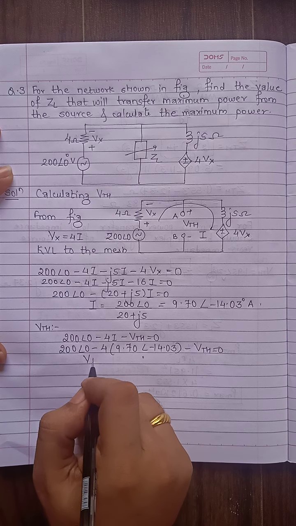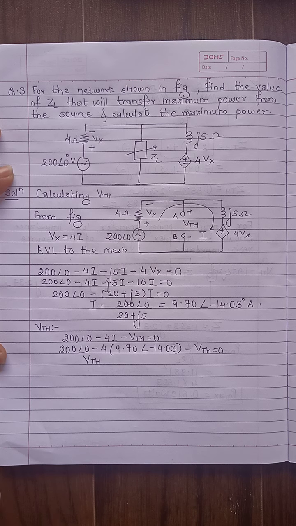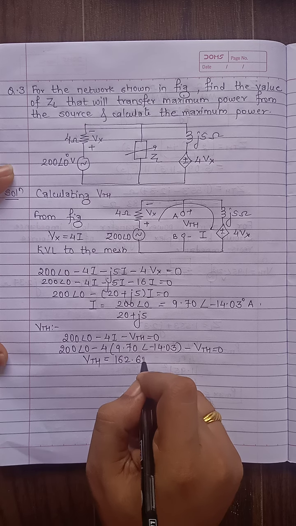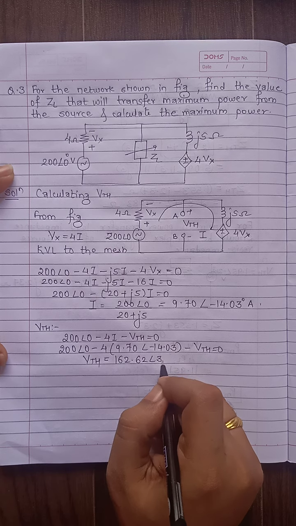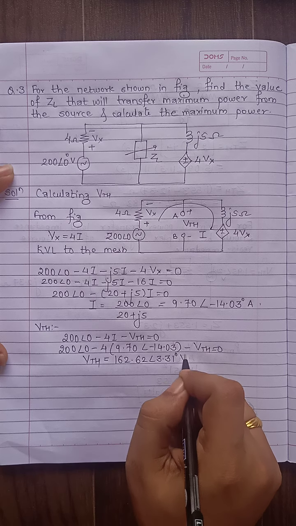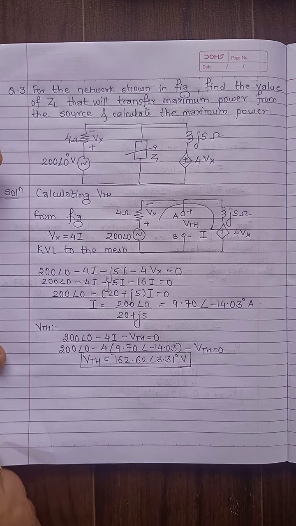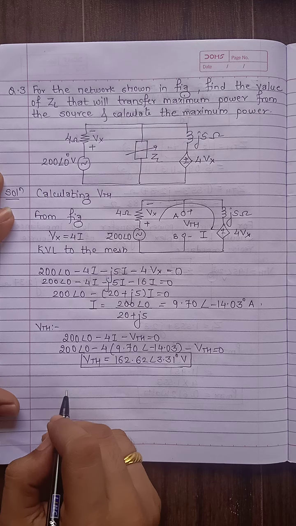So after simplification I'll get Vth as 162.62 angle 3.31 degrees volt. So I've got the value of Vth. Now we find the value of IN.